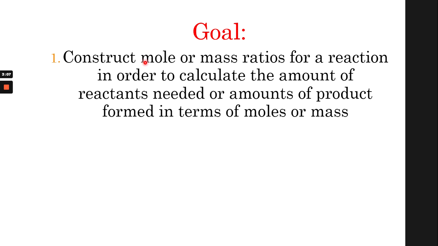What this basically means is for you to be able to calculate how much reactant you need in order to form a certain amount of product, or to identify how much product is formed if you are given a certain amount of reactant. And in order for you to do that, you have to understand how to create mole or mass ratios between the reactants and the products. That's what we are going to do today.